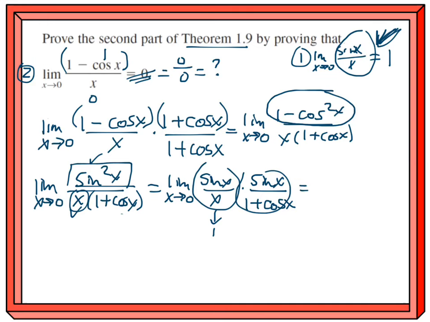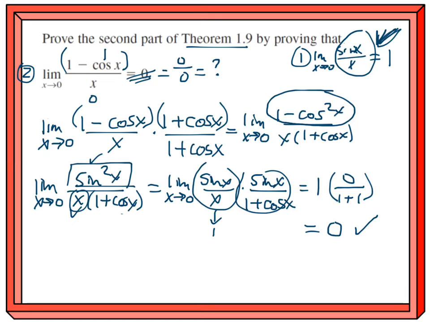So the first part, sine x over x, as x approaches 0, approaches 1. On the top for the second fraction, the sine of 0 is 0 over 1 plus the cosine of 0, which is 1. It doesn't really matter what the denominator is as long as it's not 0. 1 times 0 is 0.